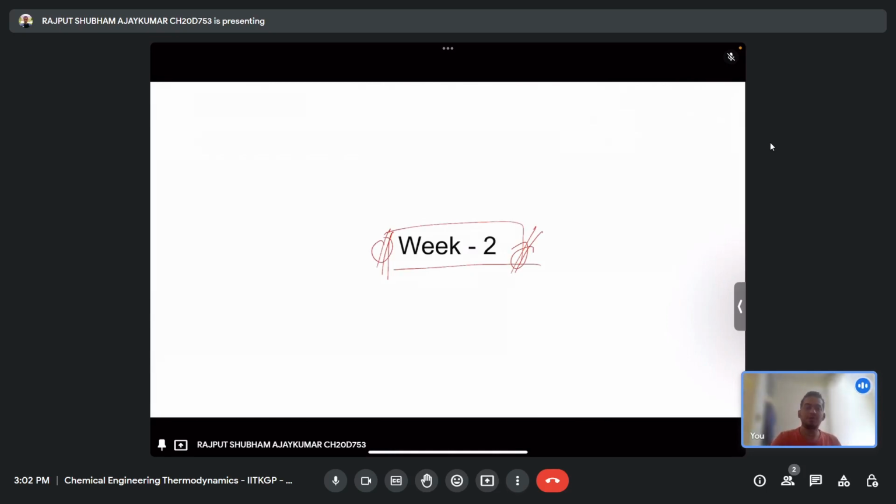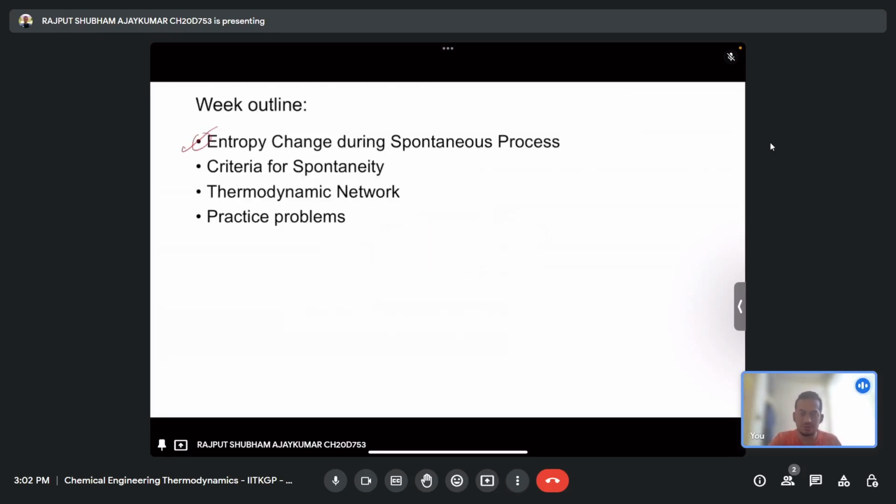The week 2 content uploaded on the Thermodynamics portal is as follows. It talks about the entropy change during a spontaneous process. We'll see what entropy is, and what happens to the entropy during a spontaneous process. Related to that, there is another term called spontaneity.